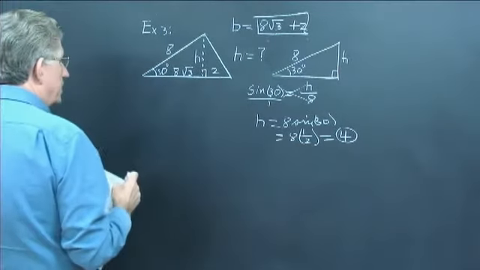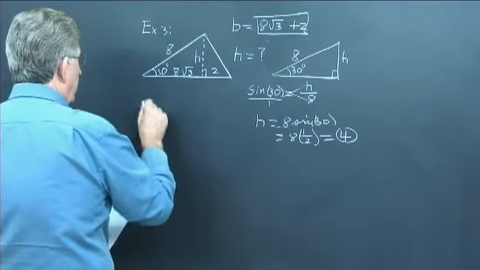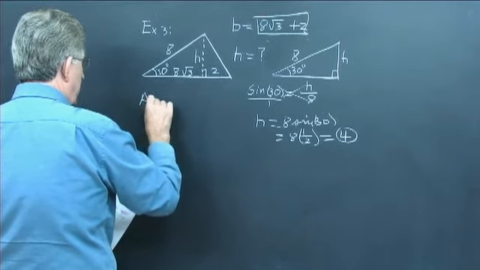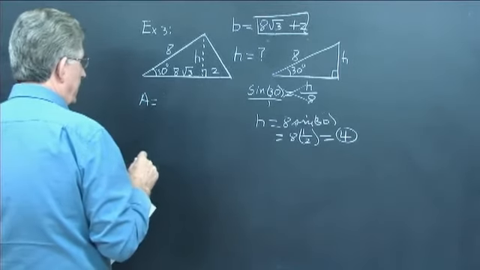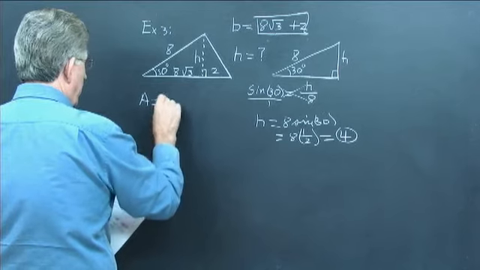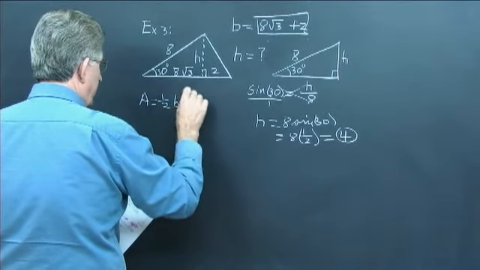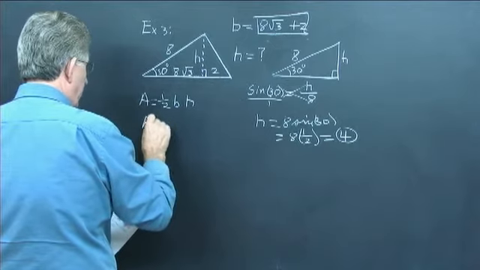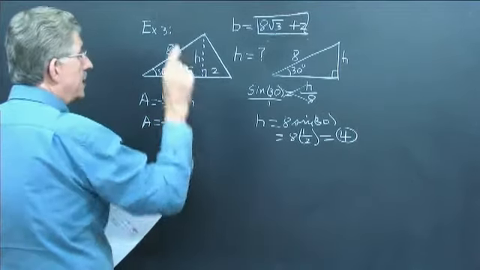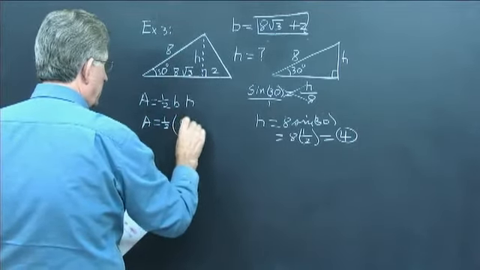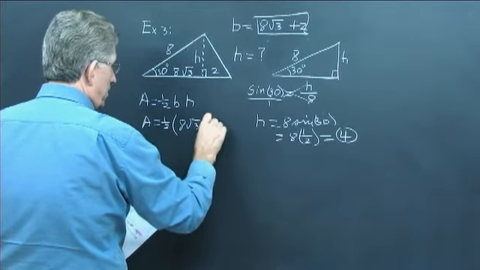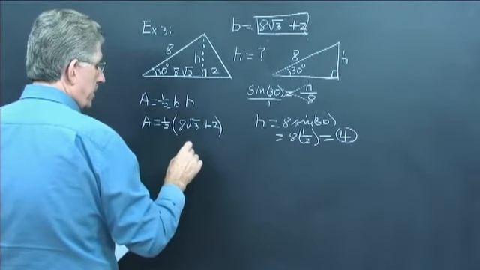Now we can start to get something done. The area is what? Well, the area is 1/2 the base times the height. So it's 1/2, and the base is that thing up there, 8 square root of 3 plus 2. Aren't you glad we got a calculator to help us here?